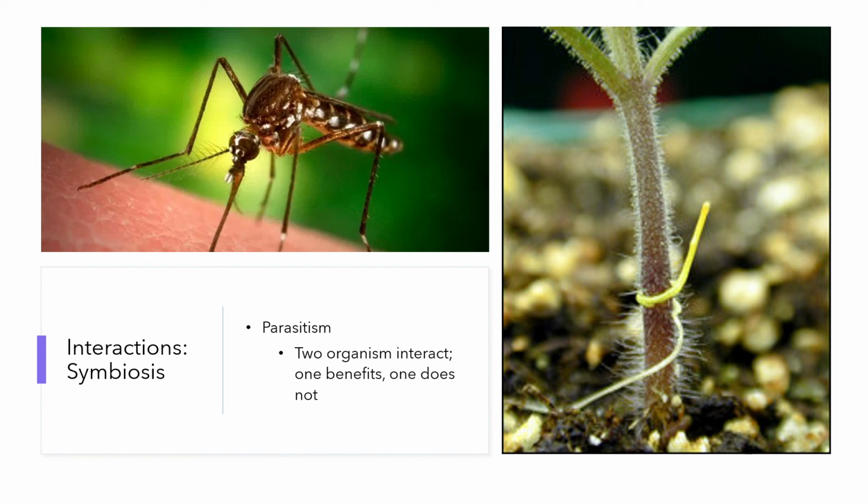So different ways that parasites can evolve. Really fascinating stuff. Sometimes what you see with this is you do see some coevolution as far as resistances being built on the host, which is the thing that the parasite is sucking from. So parasite comes and they leech and take things away from the host.